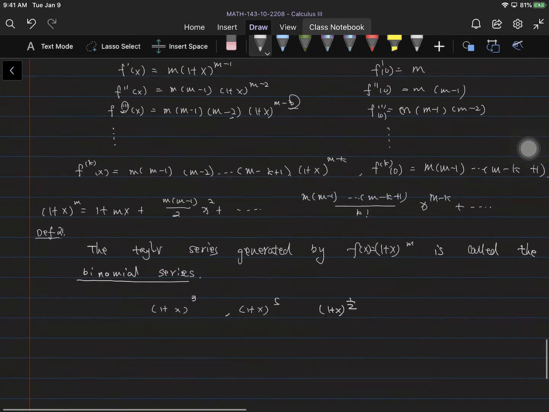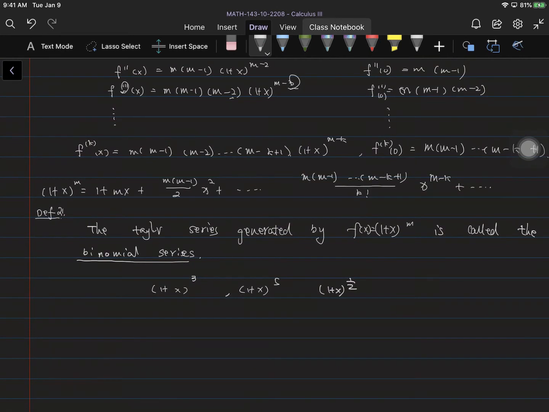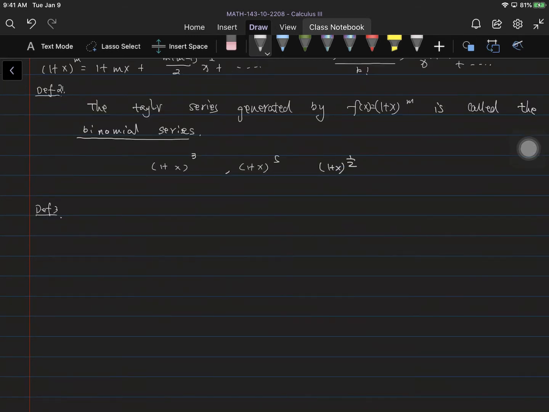Before that, let's take a look at another definition, definition 3. The binomial series is given by this form.